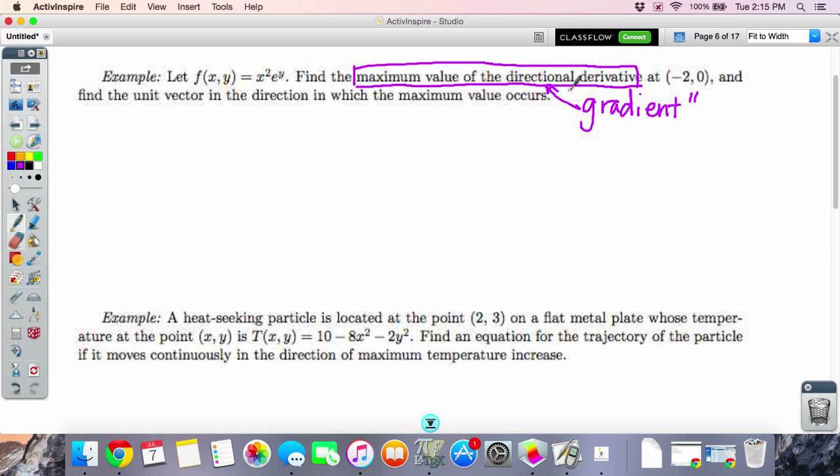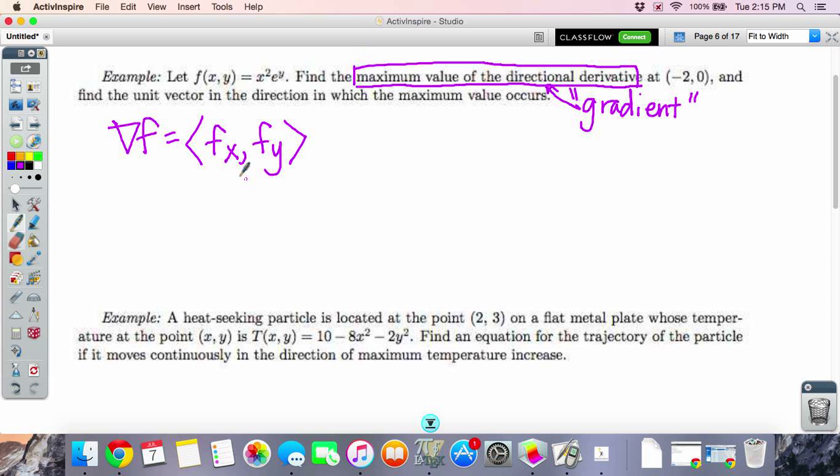The directional derivative says find the slope in any given direction. The gradient says you give me a point and I will tell you which direction to face so that you're going the most uphill. And the gradient is just a vector made up of partials.